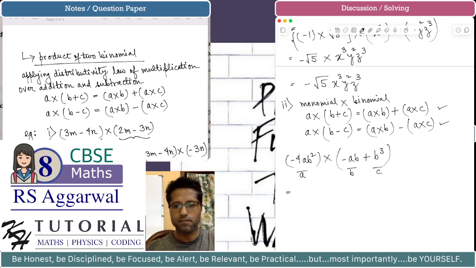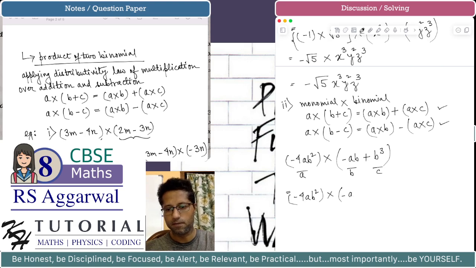So this will become minus 4ab square multiplied by minus ab, plus minus 4ab square multiplied by b cube.